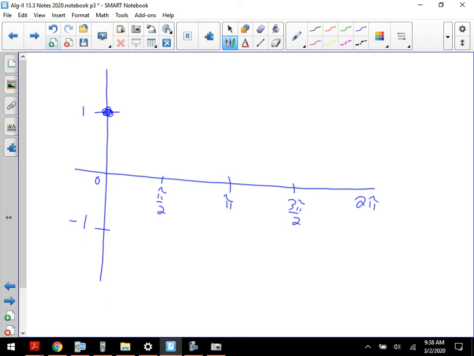What was it at pi over 2? 0. At pi was negative 1. 3 pi over 2 is 0. And 2 pi goes back up to 1. It starts over again, doesn't it? Those are the quadrantals for cosine. It creates its own curve.